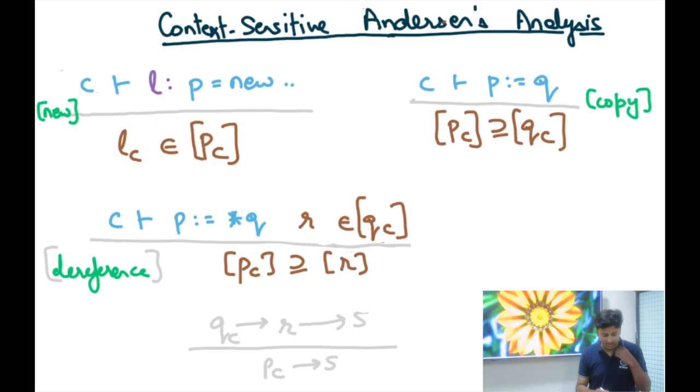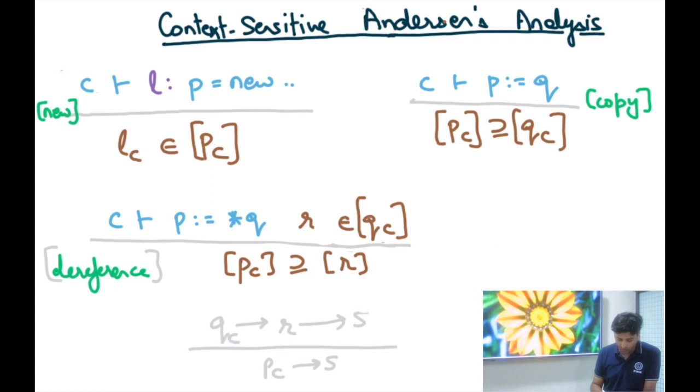Similarly, let's look at a dereference. So P := *Q. Then I look at the points-to set of Q in context C, that is, QC. If there's an abstract object R that belongs to the outgoing edges of QC, then we update the outgoing edges of PC using the outgoing edges of R. This is standard, we have already seen this.